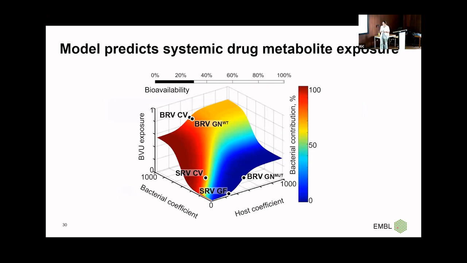We can do it for several parameters simultaneously. For example, this 3D plot shows how much brivudin exposure will be observed at different values of bacterial and host metabolism parameters, and the color shows how much of this metabolite in serum will be contributed by the bacteria.